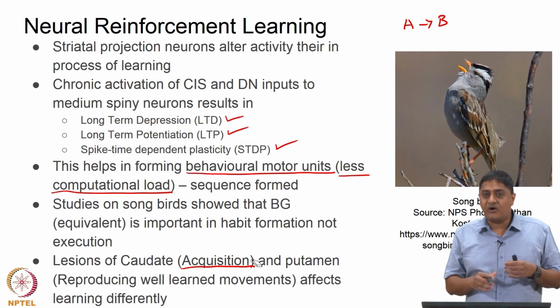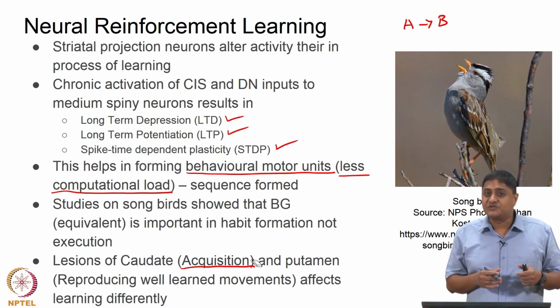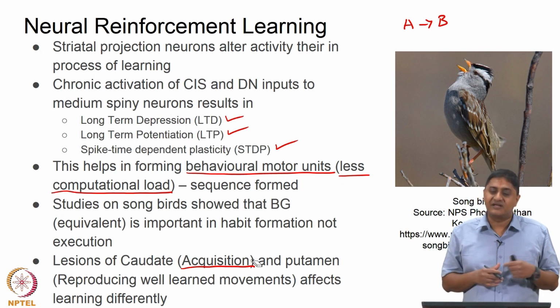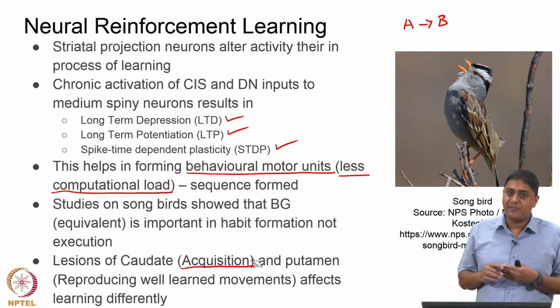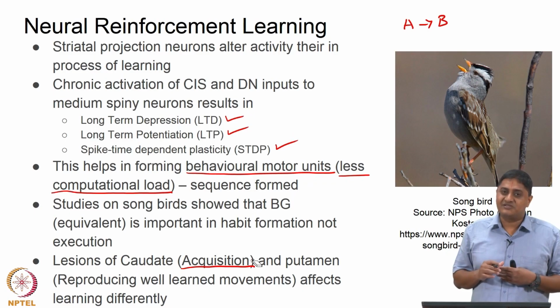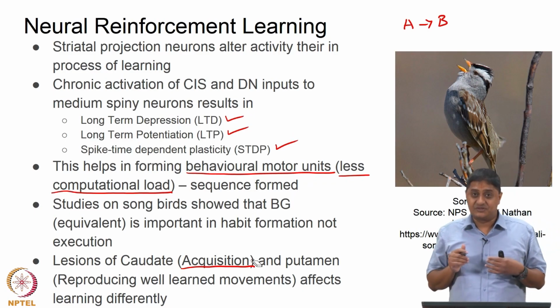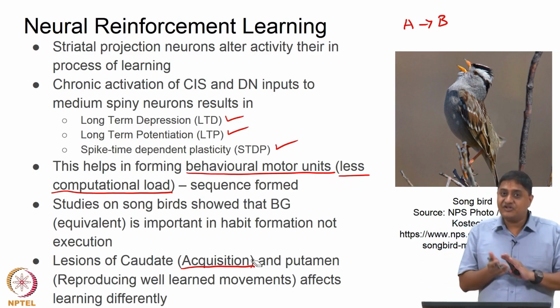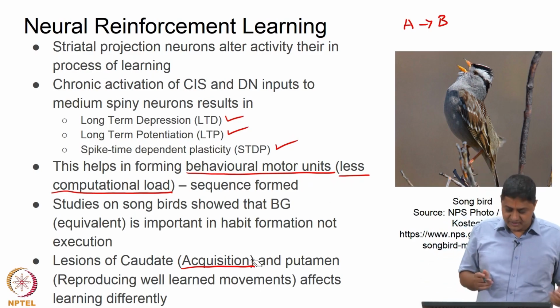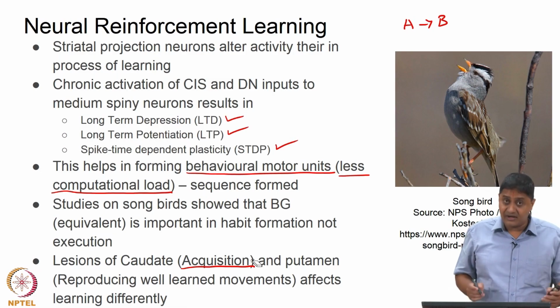If the caudate nucleus is compromised, then the person or animal is no longer able to learn new things. If the putamen is compromised, then whatever was previously learned, the animal is not able to execute. So, there is differential function between the caudate and putamen in how learning and reproducing learned movement is affected.